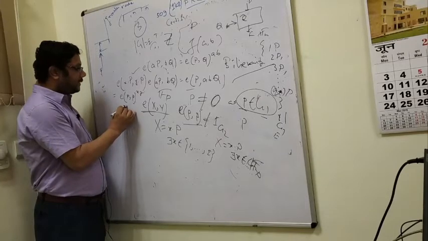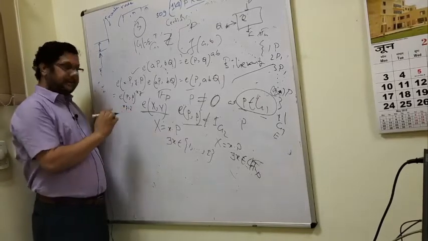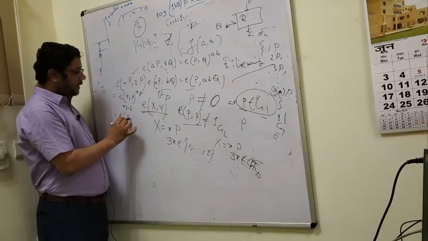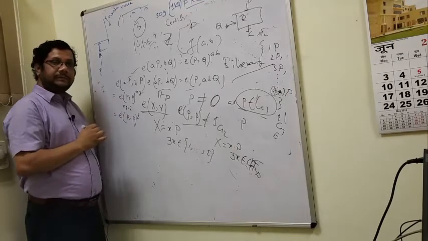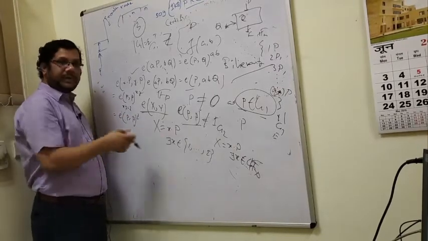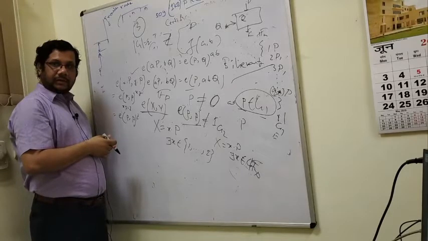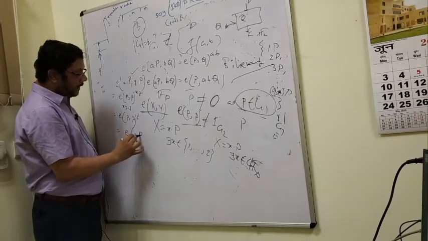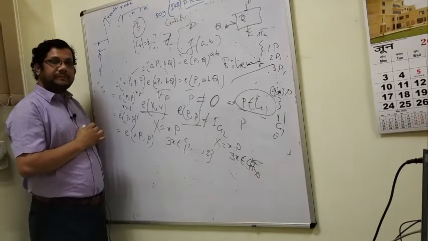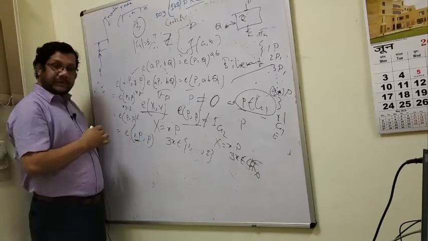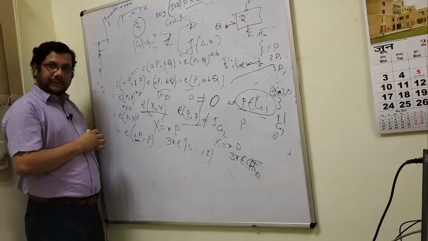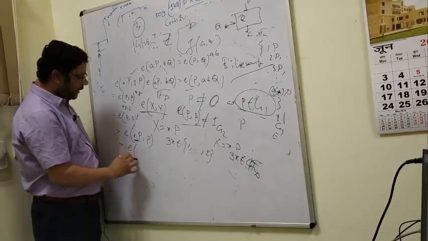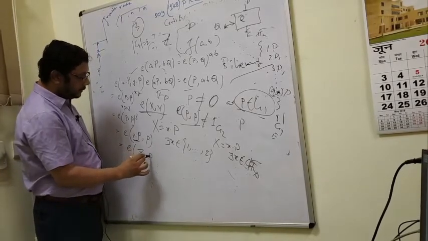Let us suppose xy is equal to z, some other integer. So, this is equal to E pp power z for some z in 1 to p minus 1. Ready or not? So, this is equal to E z into p comma p. Now, this z into p is also another point. So, you can write it as E z p.